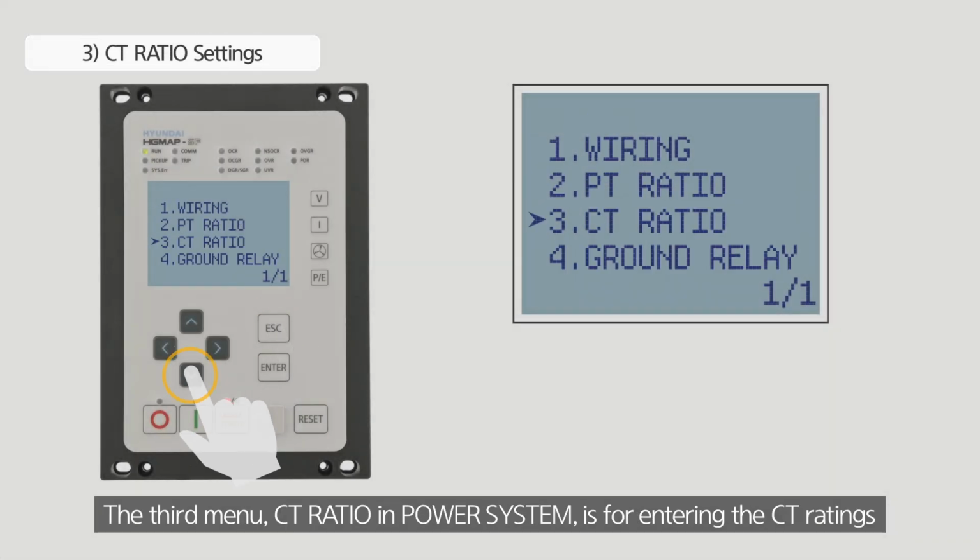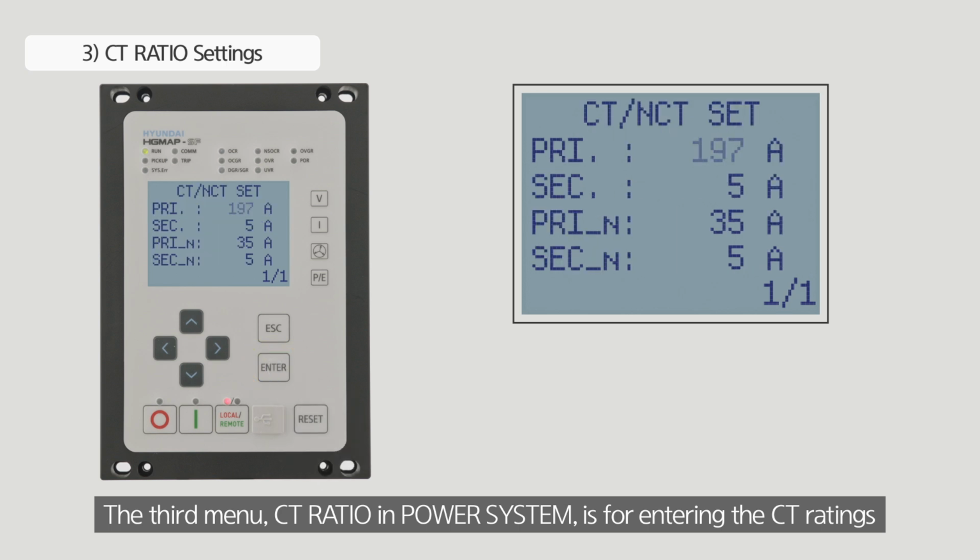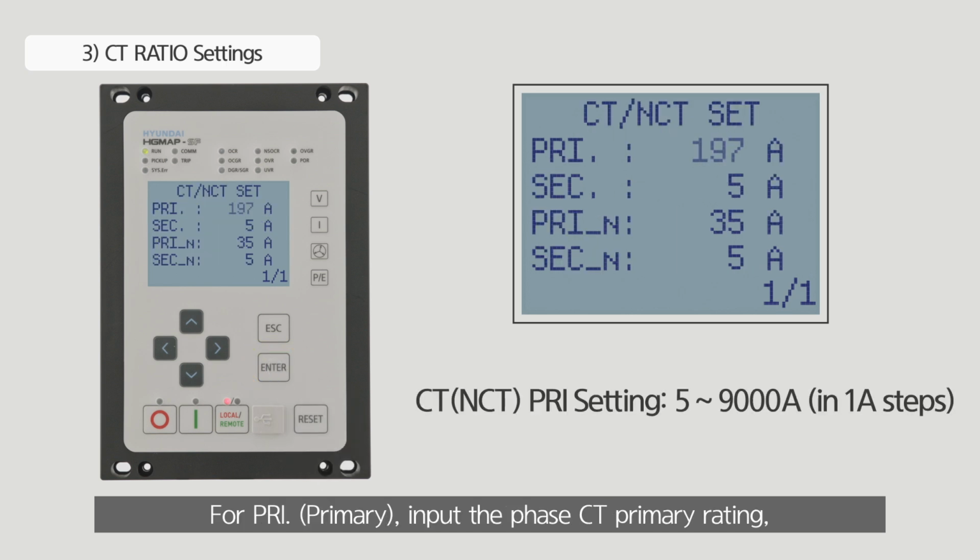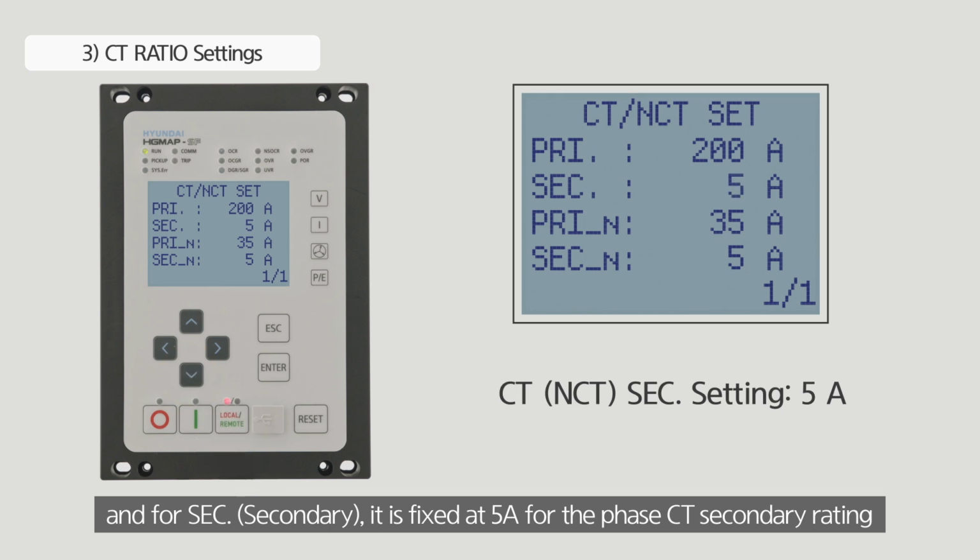The third menu, CT Ratio in Power System, is for entering the CT ratings. For primary, input the phase CT primary rating. And for secondary, it is fixed at 5 ampere for the phase CT secondary rating.